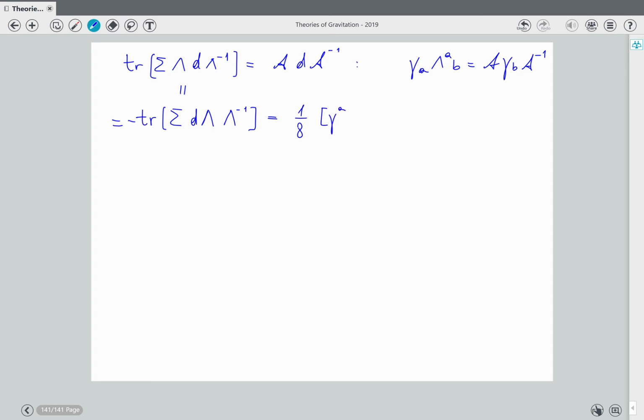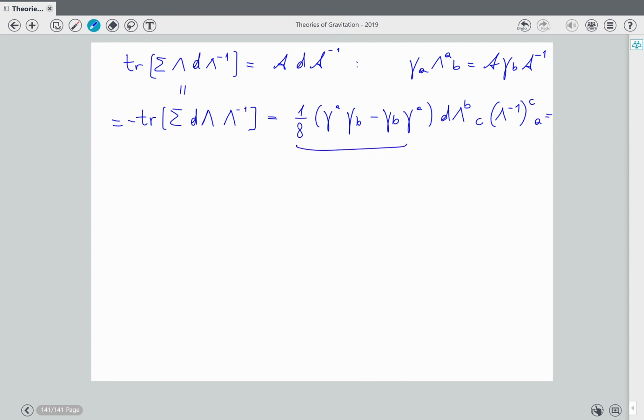So you have gamma A, let's write it. So gamma A, gamma B, minus gamma B, gamma A. And then the trace means that you have to contract these indices, all of them, CA. Yes. This is explicitly what the trace means.